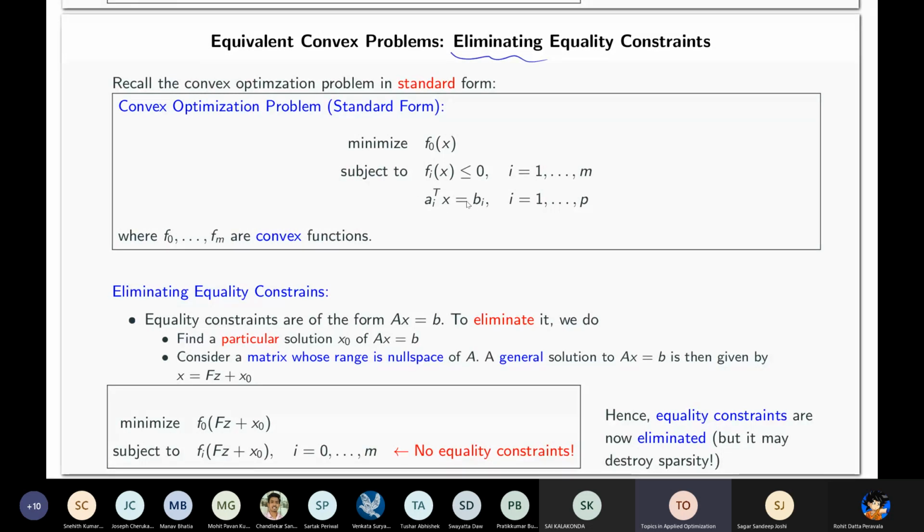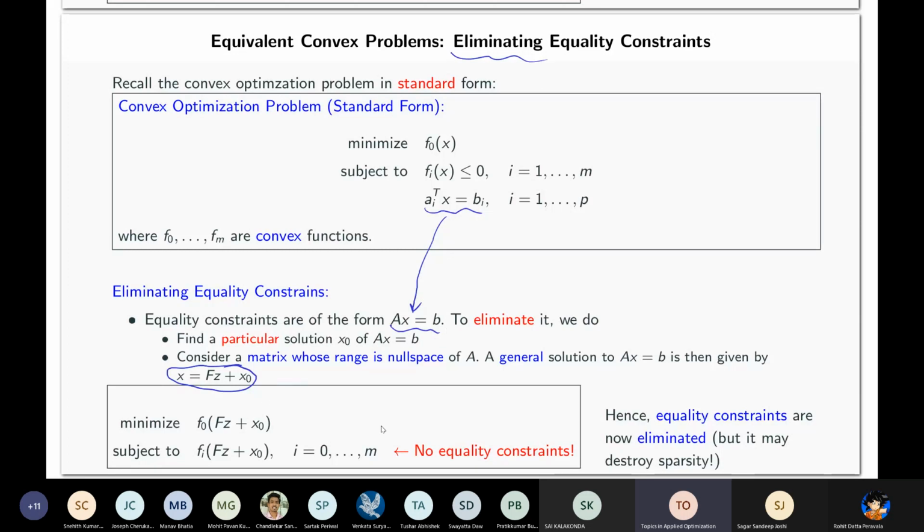in other words, to be more precise, by knowing the general solution of this. A general solution of this can be given by this, where x naught is some particular solution and F is the basis of the null space of A. So all this can be combined as Ax equals b form here.